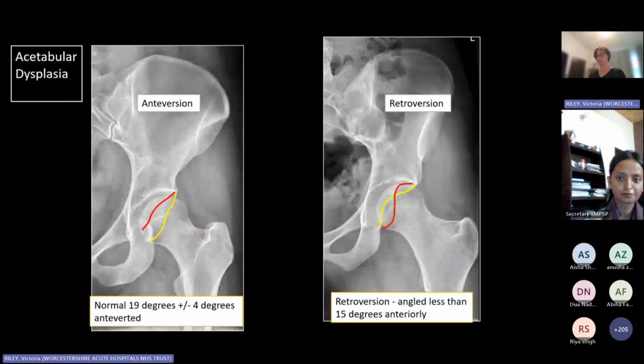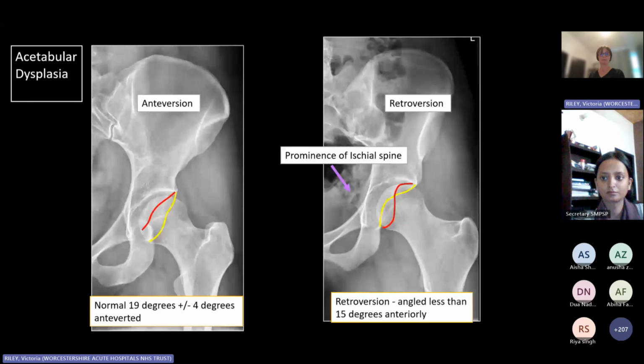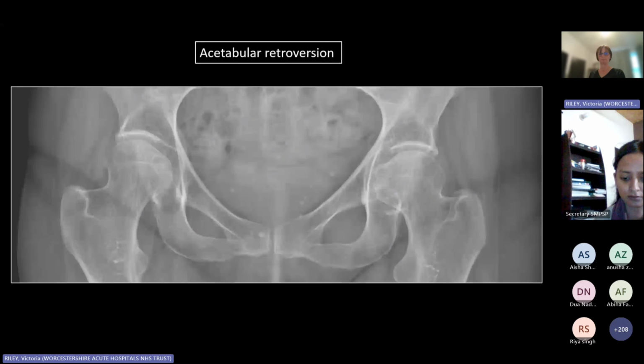A retroverted acetabulum occurs when the acetabulum is angled less than 15 degrees anteriorly. So the acetabulum may have relative retroversion, so it's still anteverted but less than 15 degrees, or it could be truly retroverted. Patients who have a retroverted acetabulum usually have a prominent ischial spine, and they have this figure of 8 appearance, which I'll discuss when we talk about impingement.